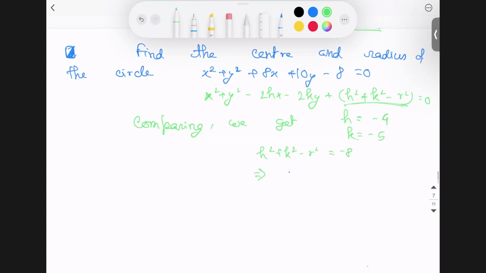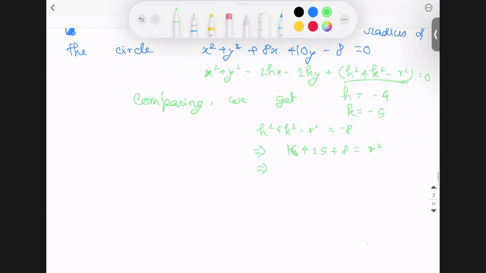This implies 16 plus 25 plus 8 is equal to r square. So this will give us 49 equals r square, so r equals 7.